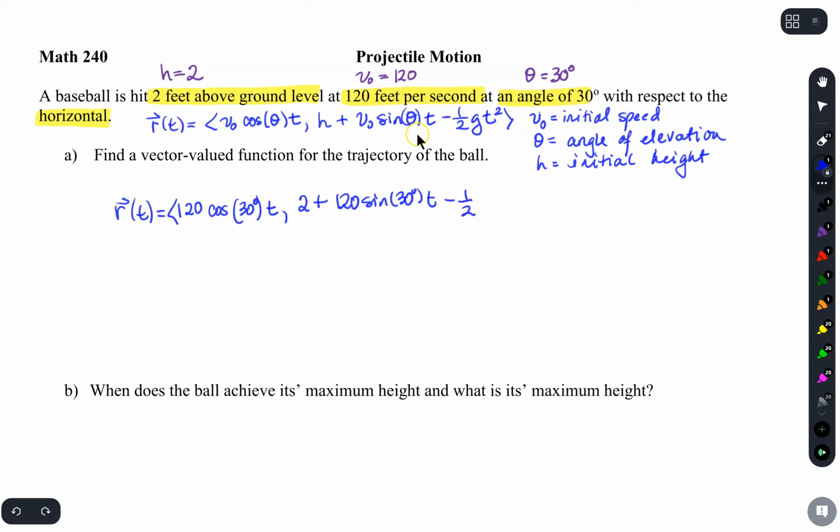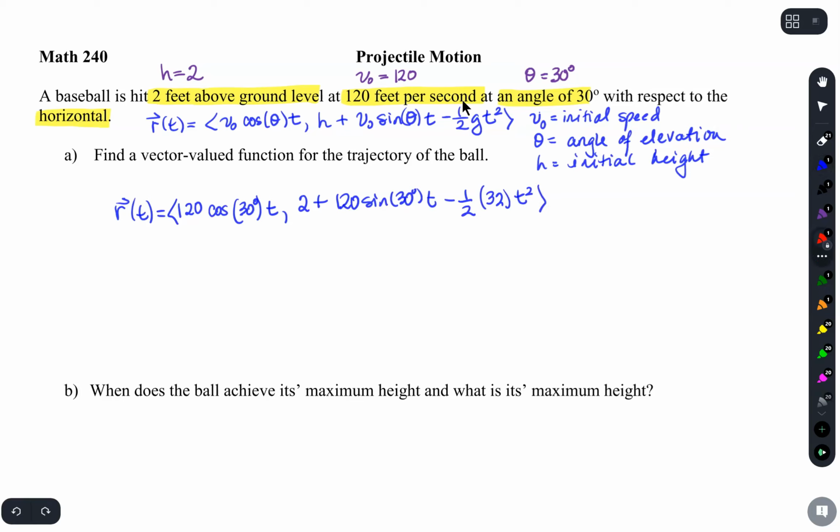Now we need to use an appropriate constant g for gravity. This is being expressed in feet per second, and so that constant of gravity, when we're dealing with feet per second, is 32 feet per second squared, times t squared.